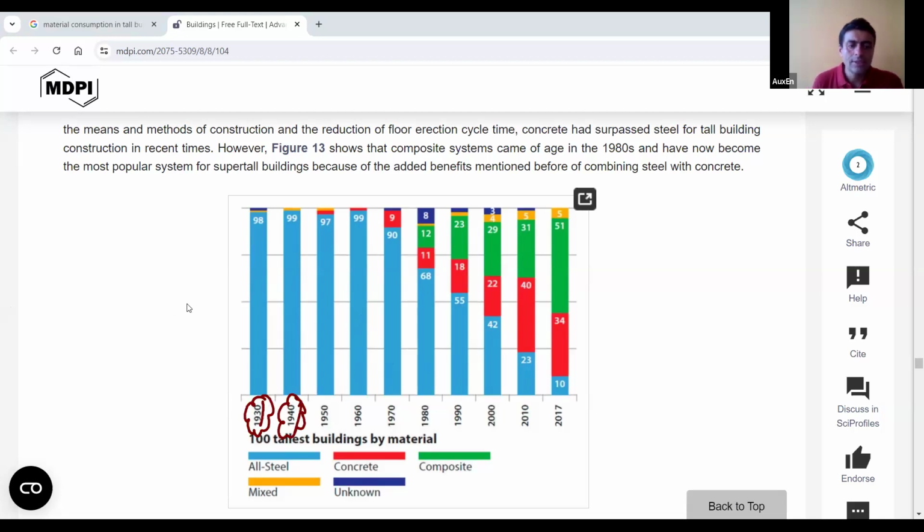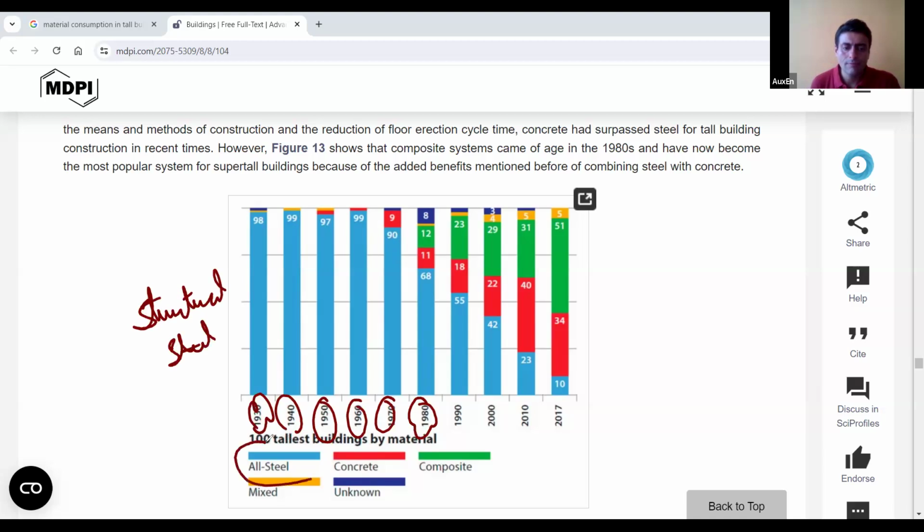So what you can see is that in the earlier decades, around the 1930s, 40s till 1980s, the material of choice for building tall buildings was what? What was the material? It was more and more structural steel. Is it clear? Quick yes, no? All right.